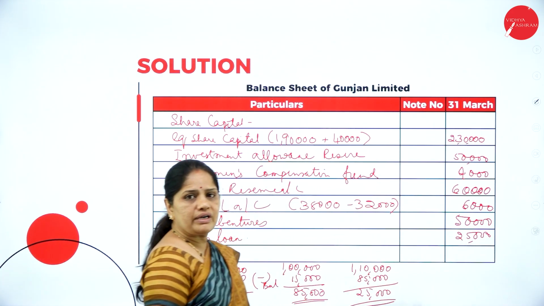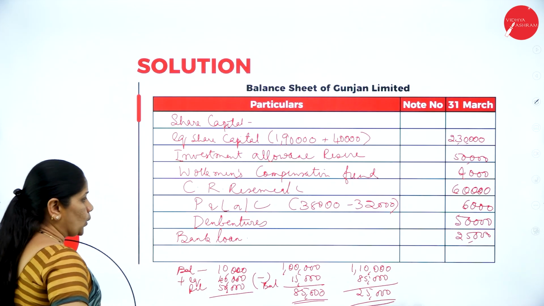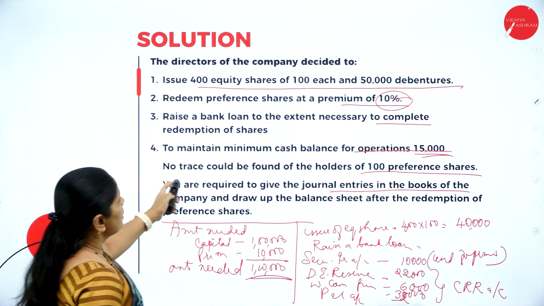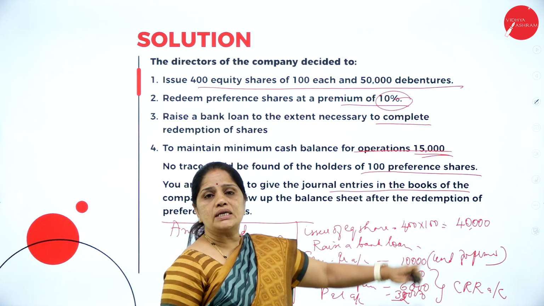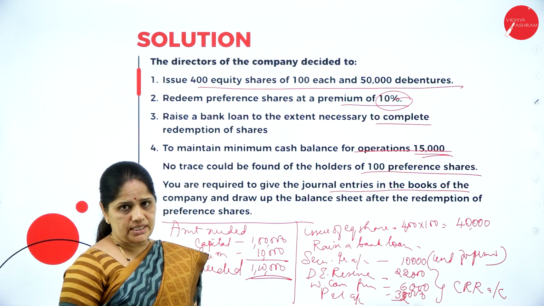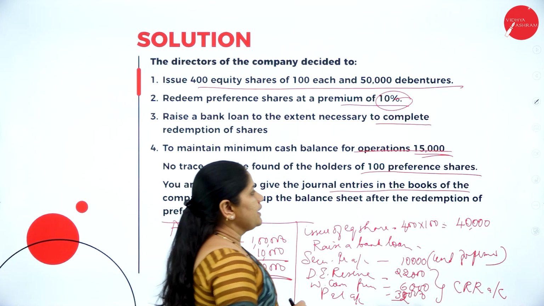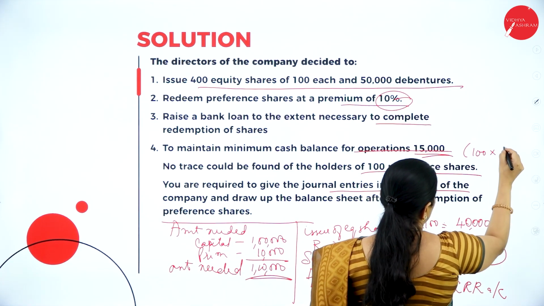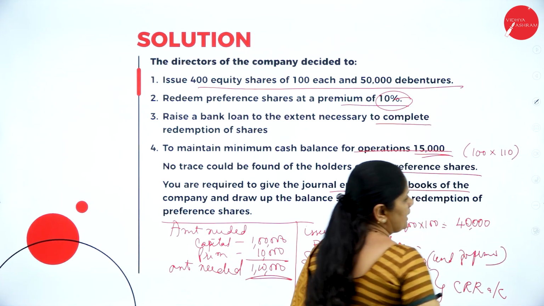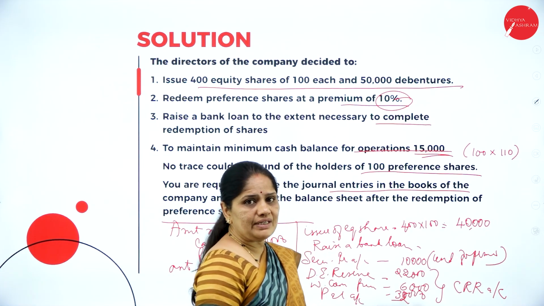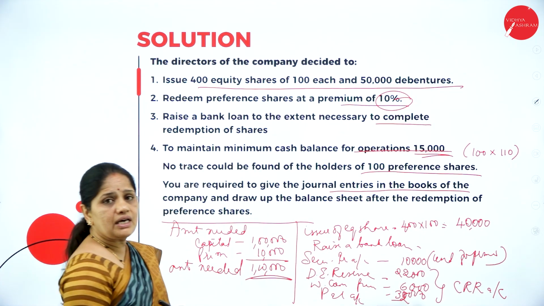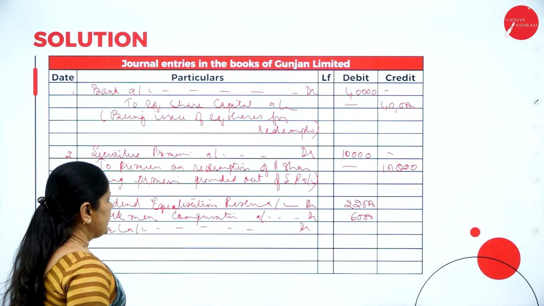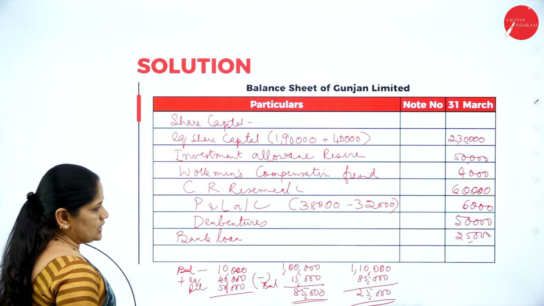Then the next, what is mentioned here? No trace could be found of the holders of 100 preference shares. Now for these 100 preference shares, I have to pay 100 into 110. So 100 into 110 will be 11,000. So for these 11,000, there is no trace of the shareholders.